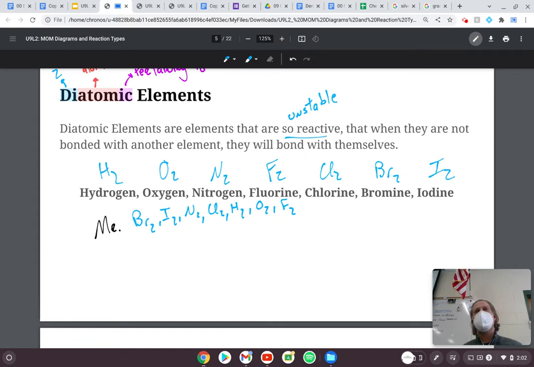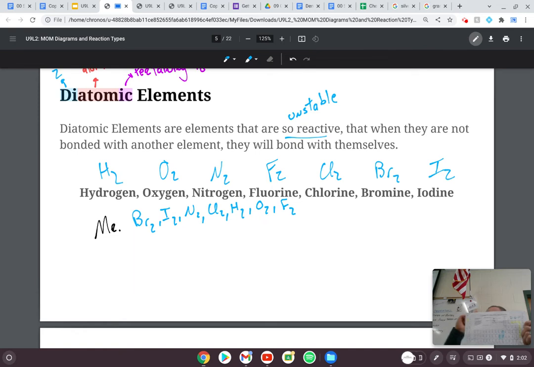And we had to memorize it back in the day, and that's how we did memorize it. Now, since then, I've learned some things about the elements, and I've looked at my periodic table, and somebody else showed me this little trick. If you locate nitrogen on your periodic table, it's element number 7, and directly to its right you see oxygen, then fluorine, and then directly below that you see chlorine, then bromine, and then iodine.